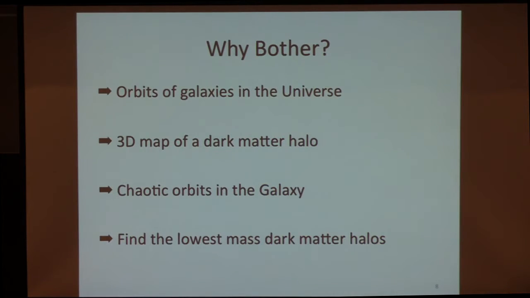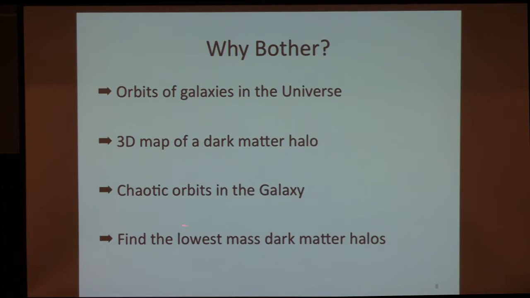So there are 4 things that I could talk about today. It won't be terrible if we don't get to them all. But part of the reason I'm telling you what they all are now is if we don't get to them all, you can tell me at the end, maybe in discussion afterwards or over drinks or whatever, we can talk about the ones we don't get to. So I want to talk about measuring orbits of galaxies in the universe using stellar halos, making 3D maps of the Milky Way's dark matter halo.